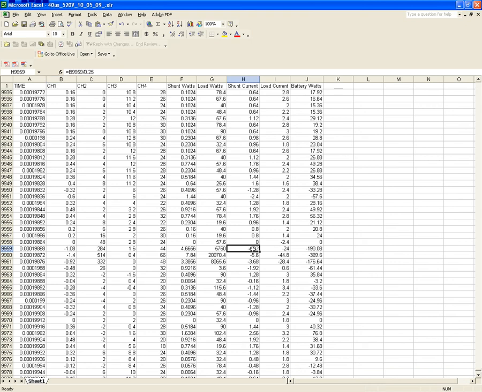If we have a negative current flowing through the shunt, and we have a 44 volt potential on the battery, then that power is this times this, and that's what we have there, negative wattage of 190 watts. Okay, so I hope that clears that up.